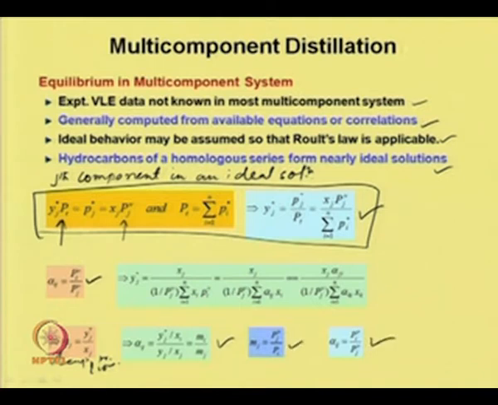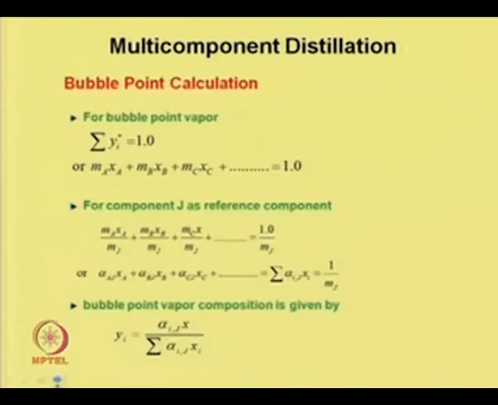Now, we will look at how to do the bubble point and dew point calculations. For bubble point calculations, if it is bubble point vapor, summation over Yi star would be equal to 1.0. So, we can write Ma Xa plus Mb Xb plus Mc Xc and so on would be 1.0.